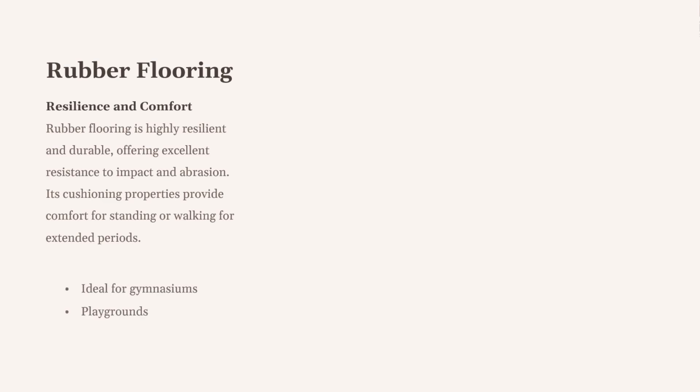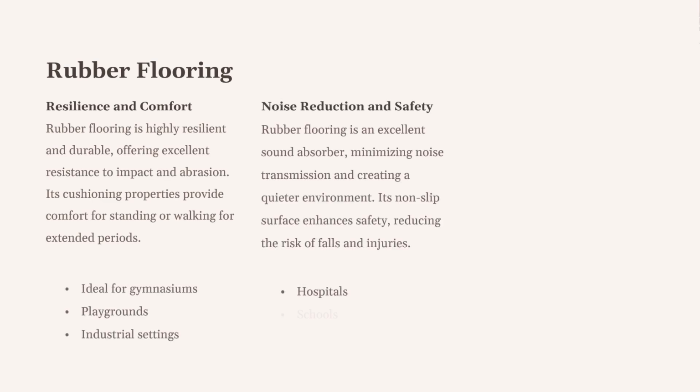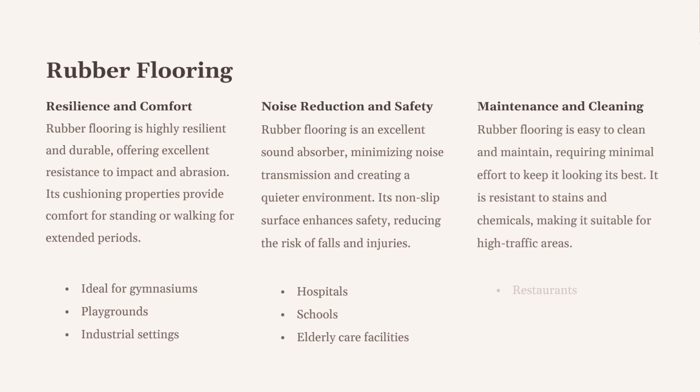These sheets or tiles are manufactured by mixing pure rubber with fillers such as cotton fiber, granulated cork or asbestos fiber. They are adhered to concrete or wood bases using appropriate adhesives.